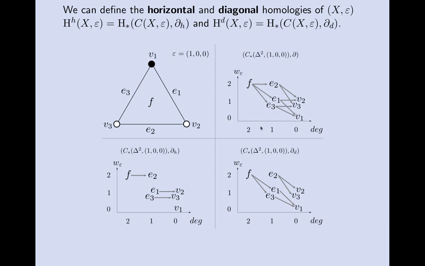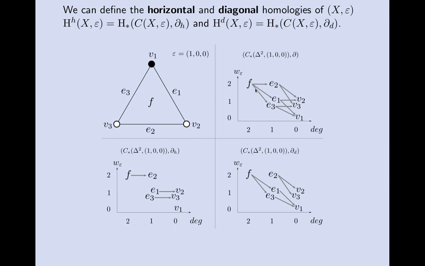On the right you can see this two-dimensional representation of the simplicial complex for X. Here you can see the face F, which is in bidegree (2, 2), meaning it is a simplex of dimension 2 and it has 2 white vertices, and the same for all other elements inside X. As I told before, this is a two-dimensional development of the one-dimensional simplicial chain complex for the 2-simplex.